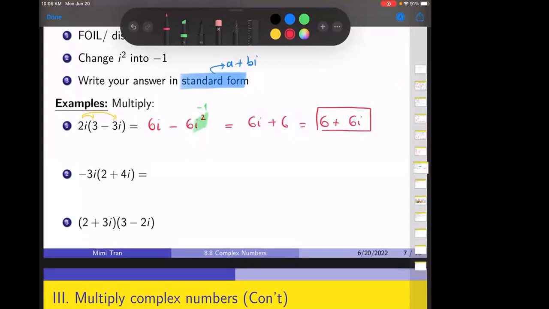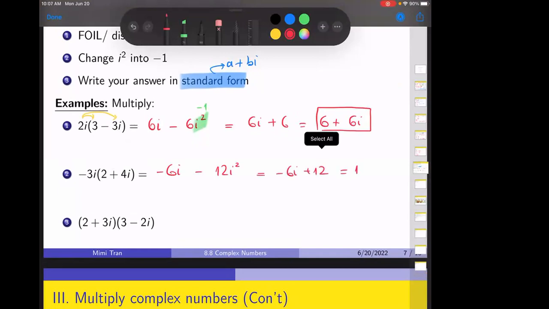All right, back to reality. What do you guys have for that one? Taylor, do you want to volunteer? I just distributed the 3i to both, so it's negative. And negative 6i plus 12, right?